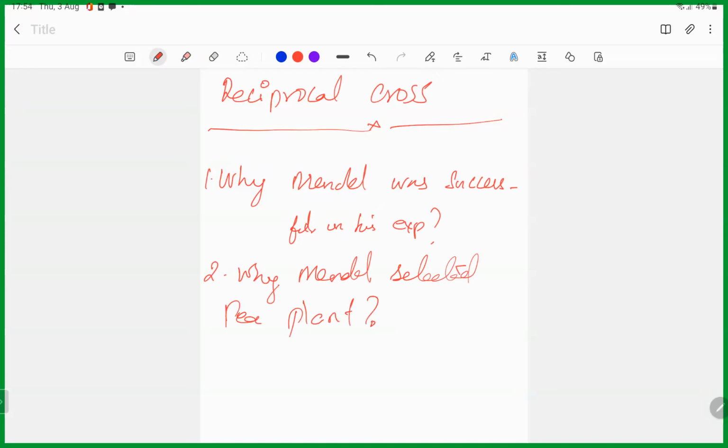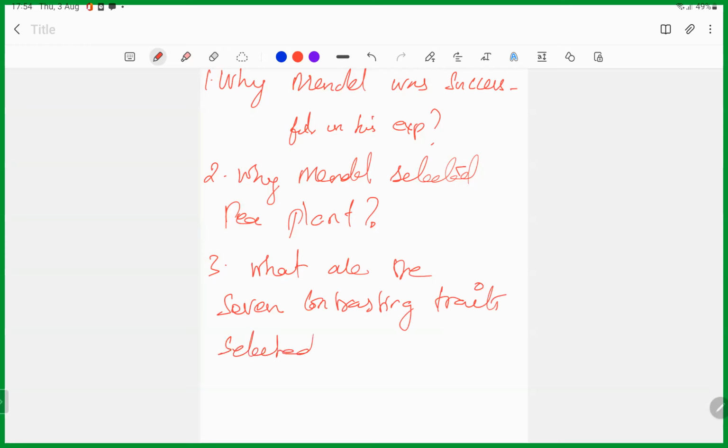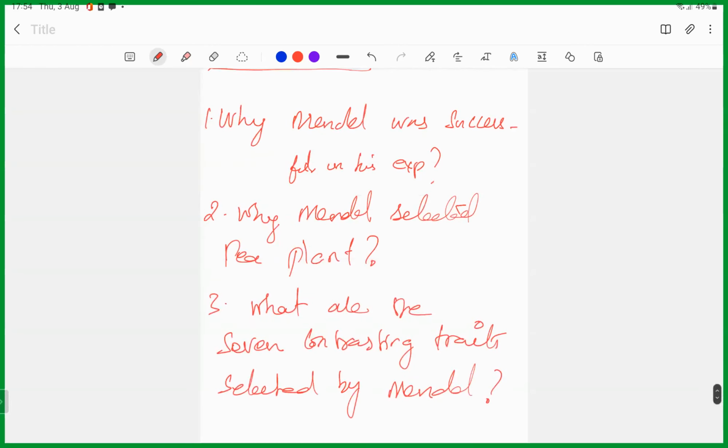Okay, that they will ask, and then what are the seven contrasting traits selected by Mendel? Okay, what are the contrasting traits selected by Mendel? Are you noting down? Please note down the questions.